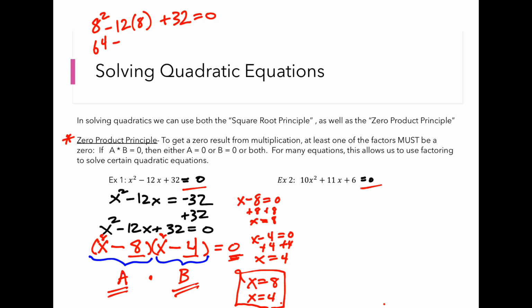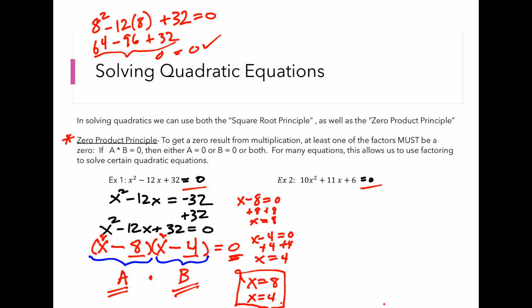But yeah, minus 96, and then add 32. 64 minus 96 plus 32 gives me 0. And so that produces a true statement, 0 equal to 0. So that's how factoring can help us solve these equations.